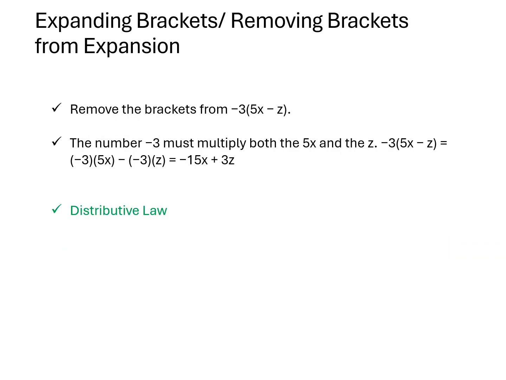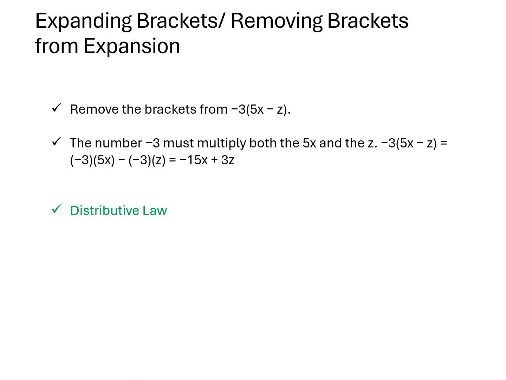Okay, now we're going to remove the bracket from negative 3(5x minus z). The number negative 3 must multiply both the 5x and the z. Remember, you have to multiply everything in the bracket. So it's negative 3 times 5x minus negative 3 times z.